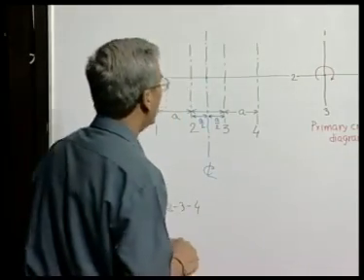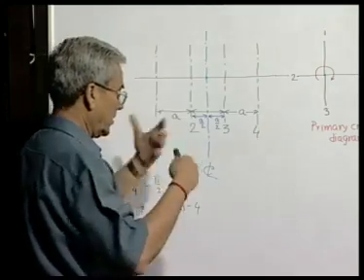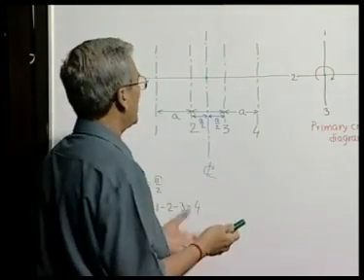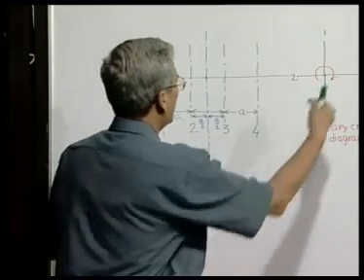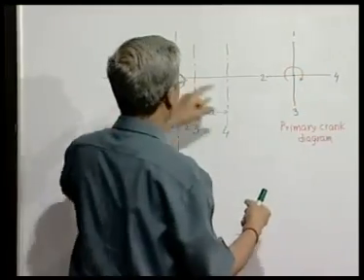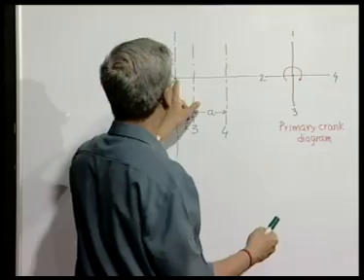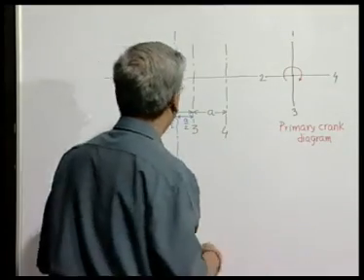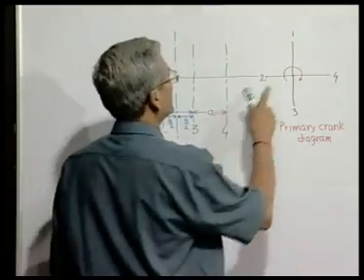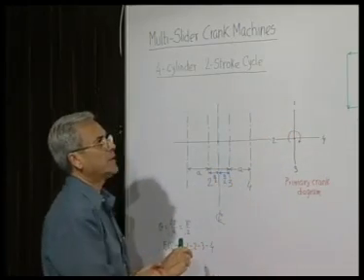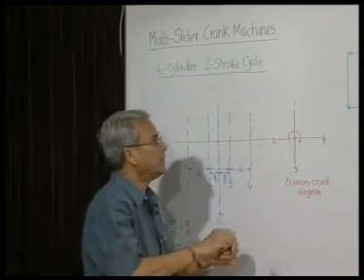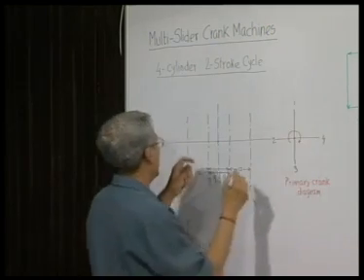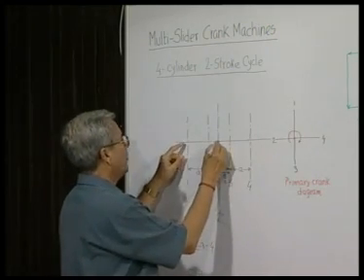Now, without going into such complicated cases, let us directly plot the primary moment diagram, looking from this side, that what these centrifugal forces will produce about this. Now, the centrifugal force magnitudes are same, it is m reciprocating omega square r for each case. If this force is acting in this direction here, what will be the moment?